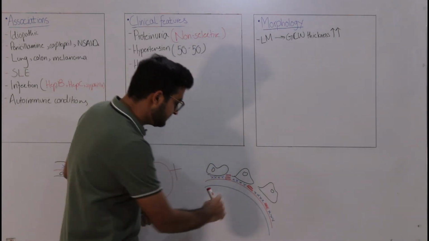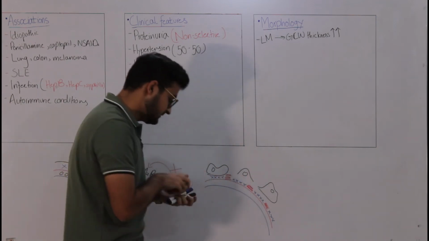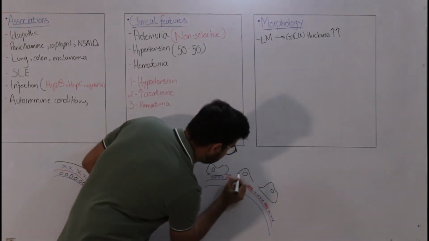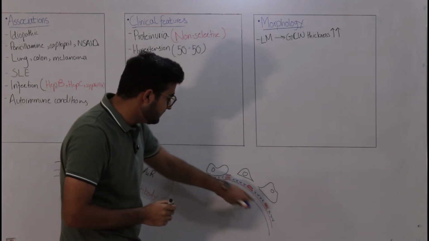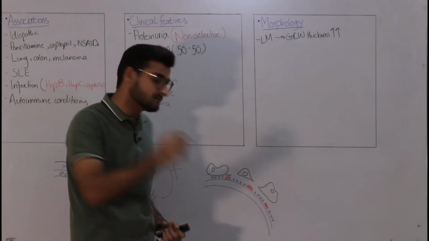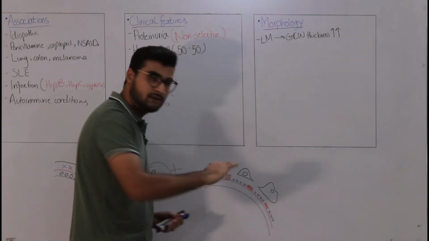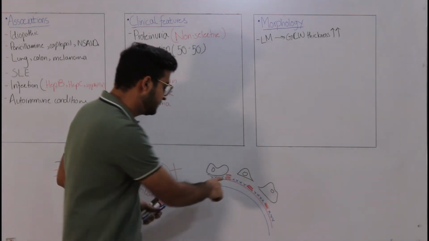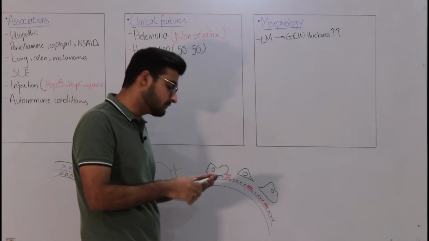Now, if I were to make more space here, let's say this was your podocyte, yeah. Now this growth of your basement membrane is basically resembling spikes. There's a spike here, there's a spike here, and there's a spike here. In between you have nothing, there's a flat area. So this is going to be the first thing, formation of spikes on electron microscopy.